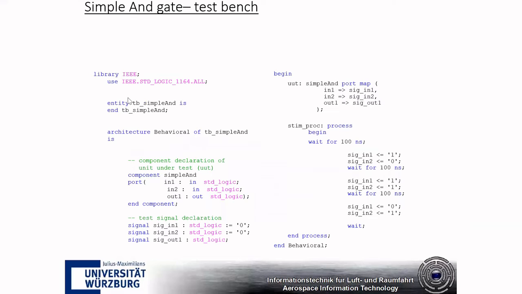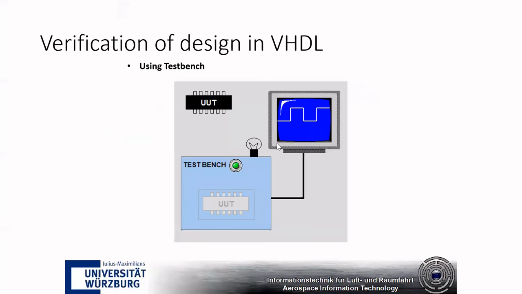So in the test bench we have an entity, then the component is placed, and then the internal signals. We map them, and then we apply the stimulus, wait for some time, change the signal, test the next combination, and wait, 0 1. When we wait at this point, we will see the output in the graph area of my simulation. So this is the test bench of my AND gate.